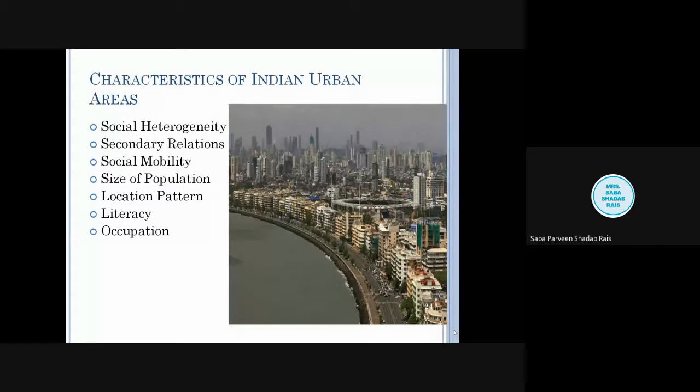Obviously the urban population will not be directly involved in agriculture, but they may be involved in indirect agro-based industries or in the service sector that supports agriculture, like the manufacturing or industrial part. So indirectly they may also be connected to agriculture, because agriculture is the boon of our country. Now, when we talk about unemployment, yes, urban people also face unemployment.